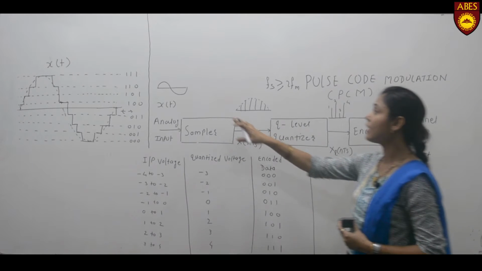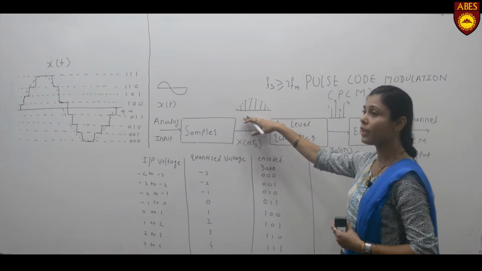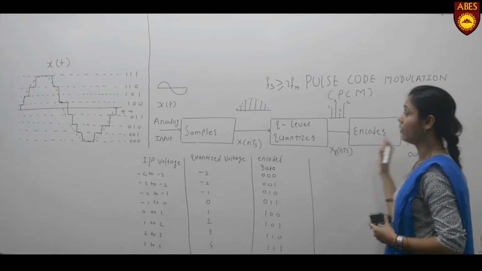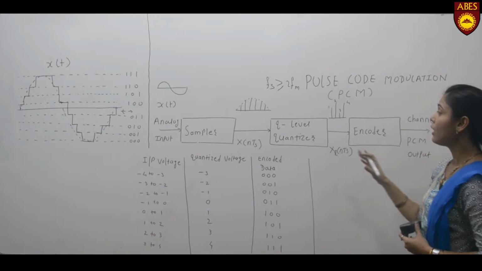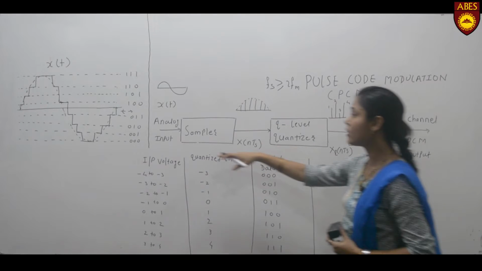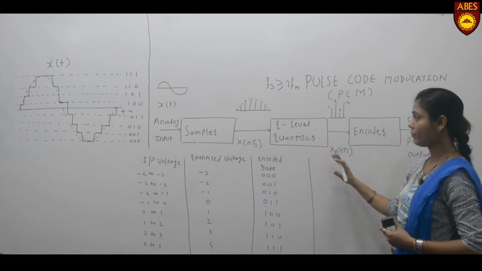Now a signal is converted from analog to discrete, but it is not a totally discrete signal. It is discrete in time domain, but it is continuous in amplitude domain. So here this x of nTs, which is the sampled version of the input signal, is applied to a Q level quantizer.